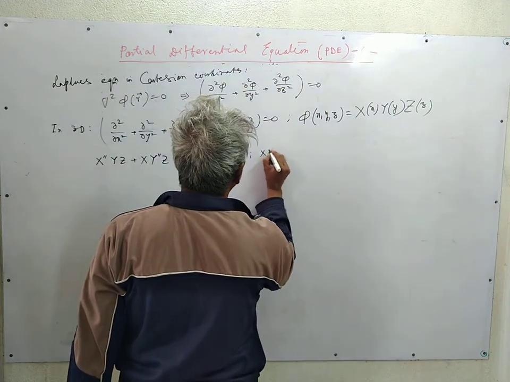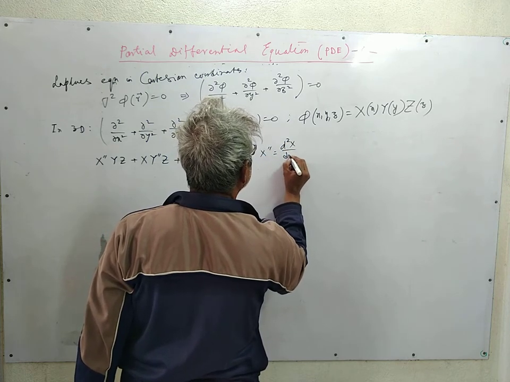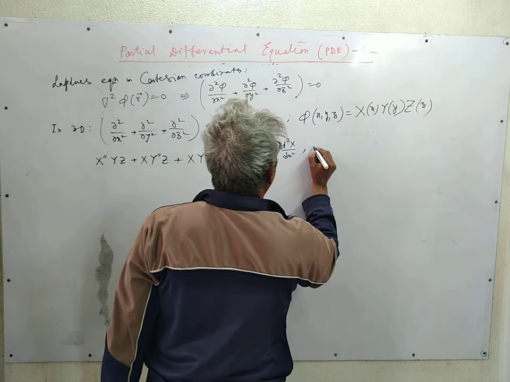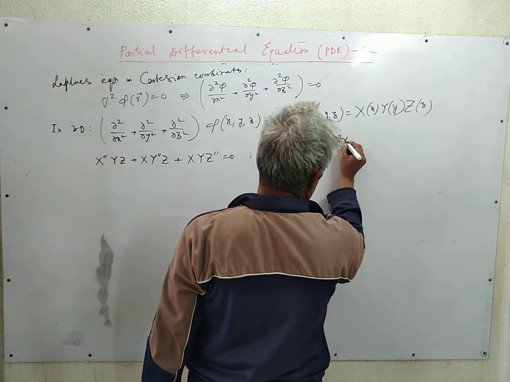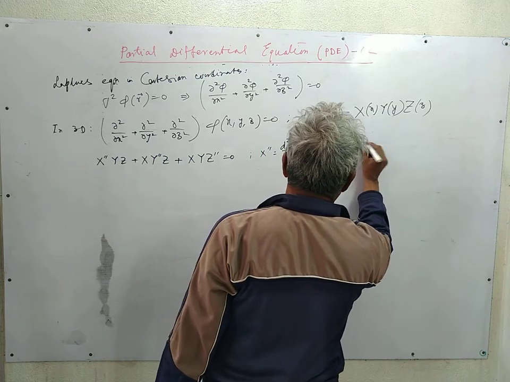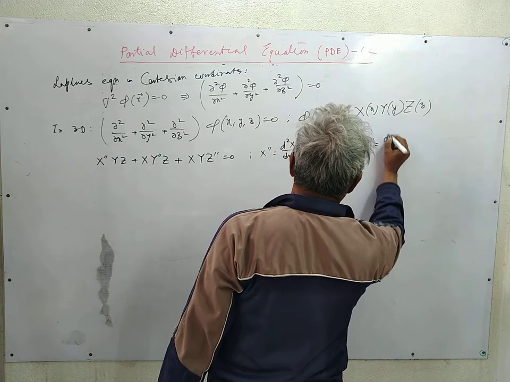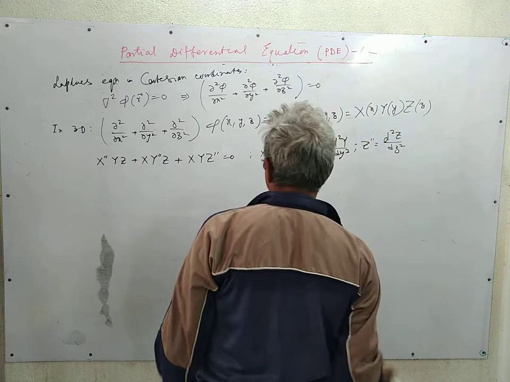we use as usual X double prime is the double derivative of capital X with respect to small x, Y double prime is the double derivative of capital Y with respect to small y, and Z double prime is the double derivative of capital Z with respect to small z.